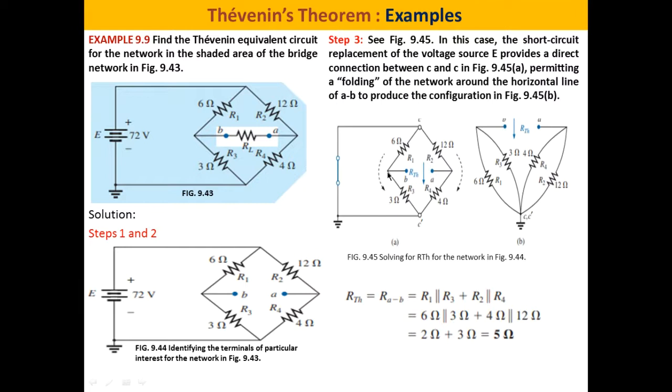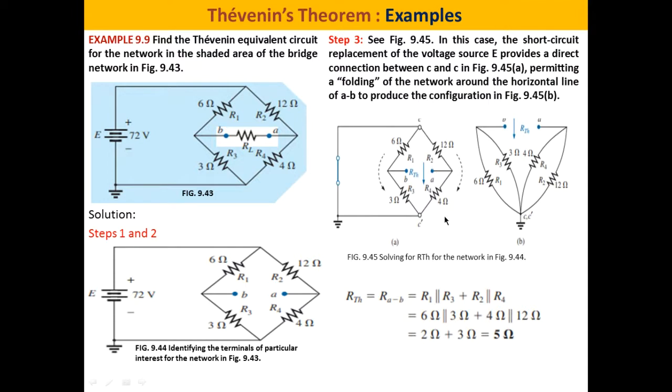Why? Because they have a common point here, and also because we have short-circuited the power supply, they have this point and this point. The two terminals are connected together. So they are connected in parallel because they have their two terminals connected together. So this terminal for R1 and R3 are connected together, while this terminal of R1 and this terminal of R3 are also connected together because we have short-circuited the source.